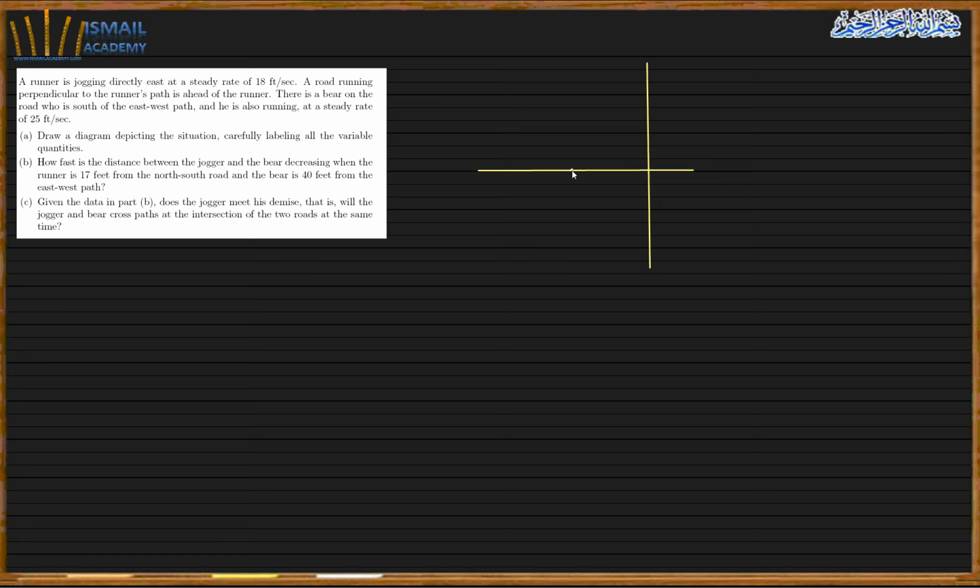So we have here the runner x with the speed x prime as 18 feet per second, and here we have a bear, which is y. Let me name it y, and it has a speed of 25 feet per second.